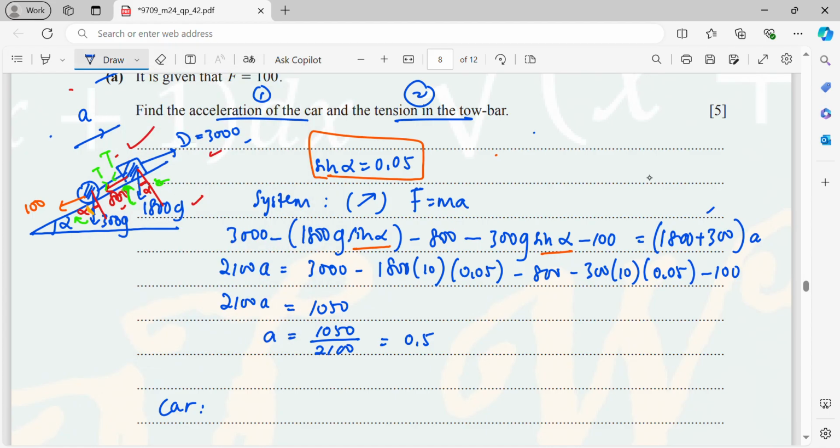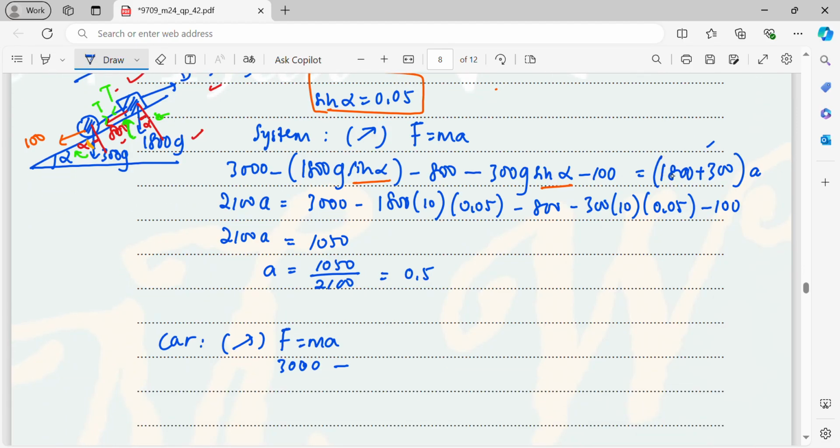So now I will be getting, again use F equals ma, going up as positive. My F is 3000, which is the driving force, minus the rest of the forces.